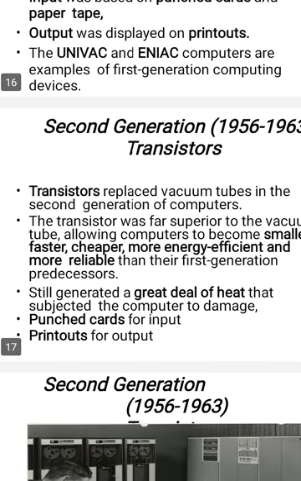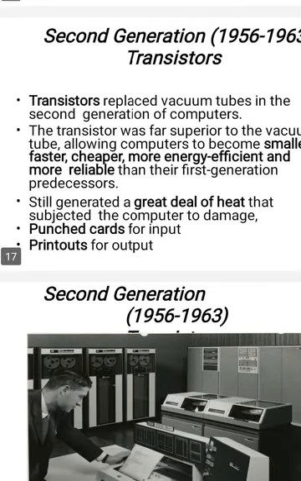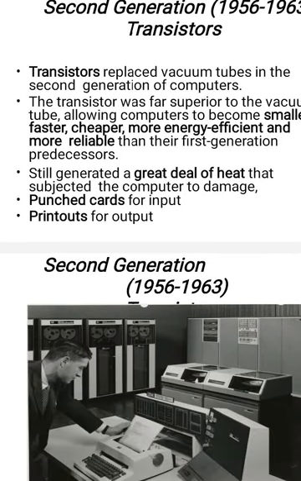So in the second generation, transistors were used, and it worked faster, it was smaller, cheaper, more energy efficient, and more reliable than the first generation predecessors. The heat generated was very low compared to the first generation.